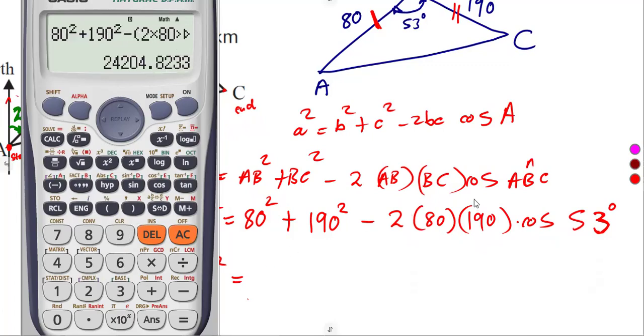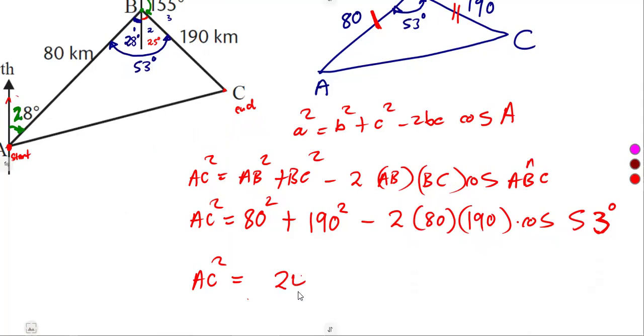That was going to give us 24,204 and so on.